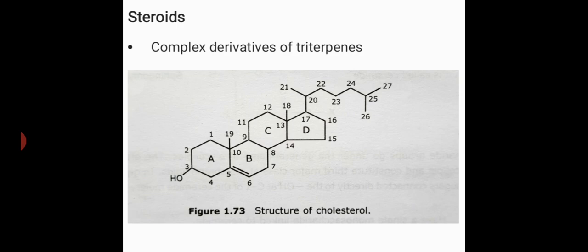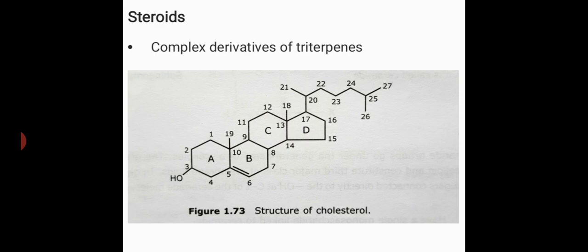Steroids are complex derivatives of triterpenes. Each type of steroid is composed of four fused rings called the steroid nucleus. A sterol is a class of steroid which has a hydroxyl group at carbon 3 of the molecule.